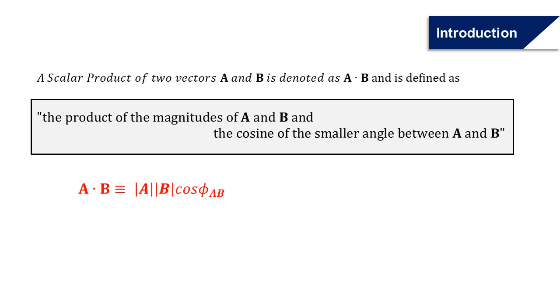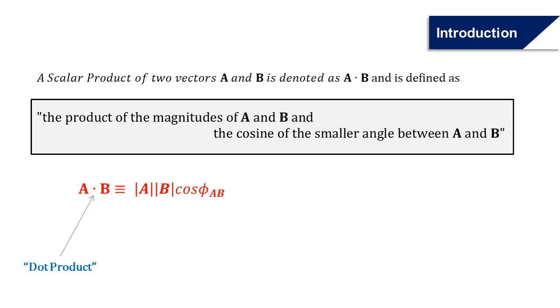So A dot B is equal to the magnitude ng A times the magnitude ng B times the cosine of the smaller angle between A and B.